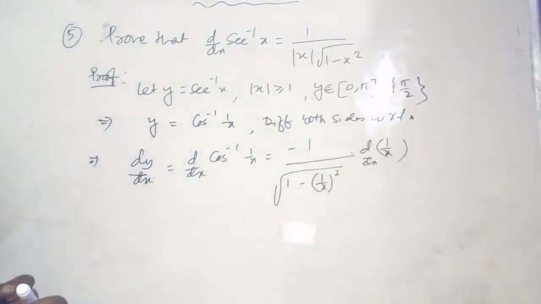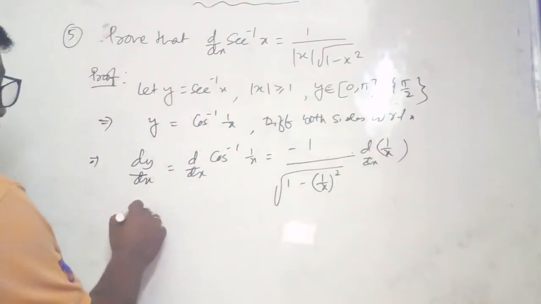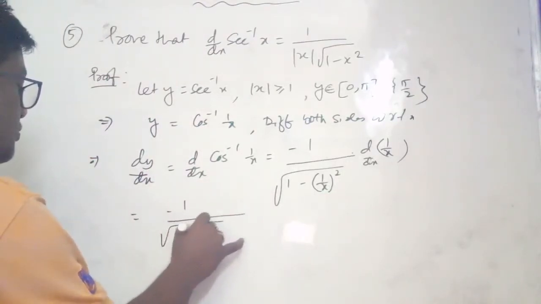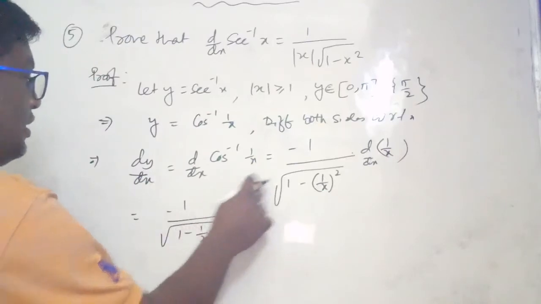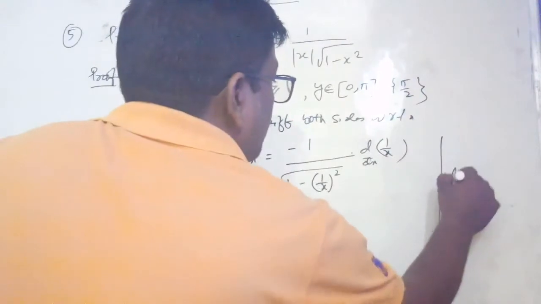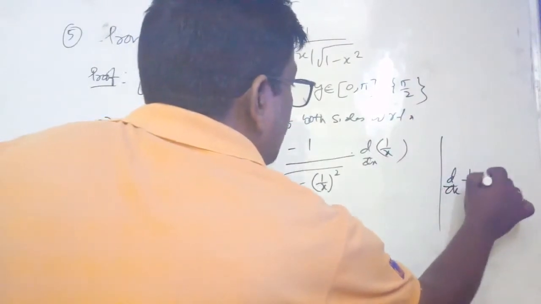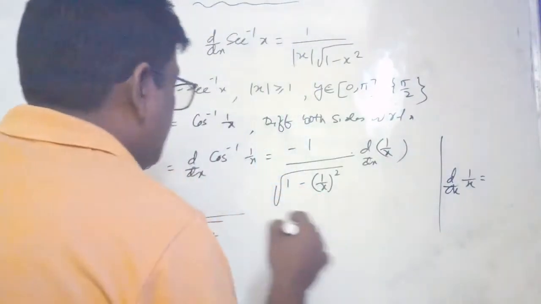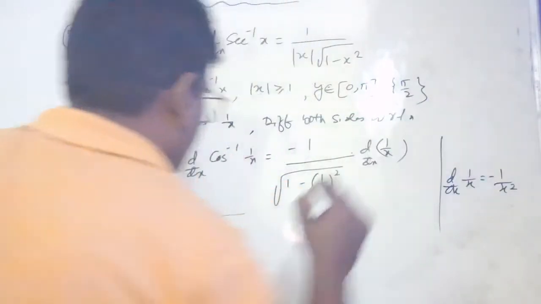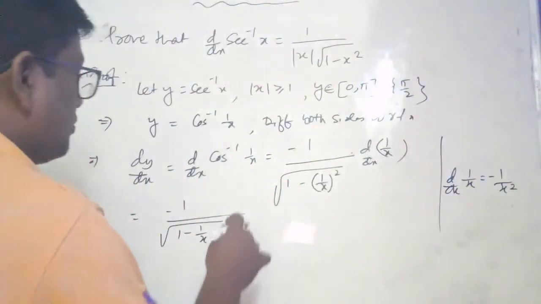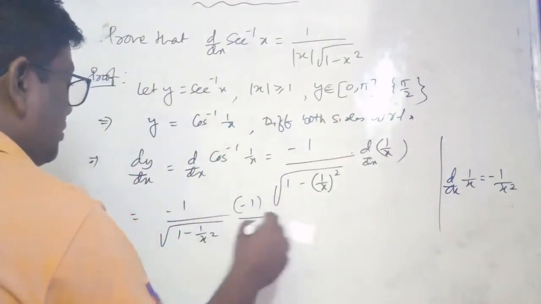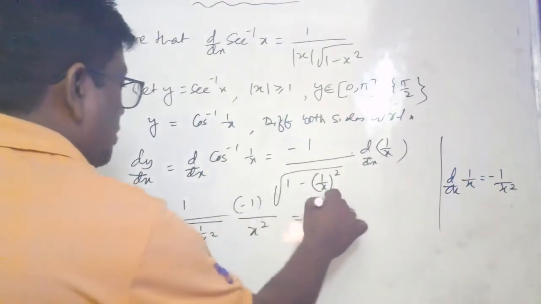So this is equal to minus 1 by root over 1 minus 1 by x square into derivative of 1 by x. What is d by dx of 1 by x? This is equal to minus 1 by x square. So derivative of 1 by x is equal to what? Minus 1 by x square.